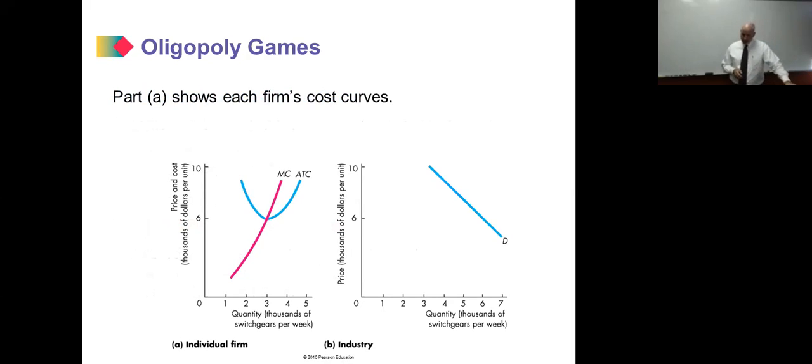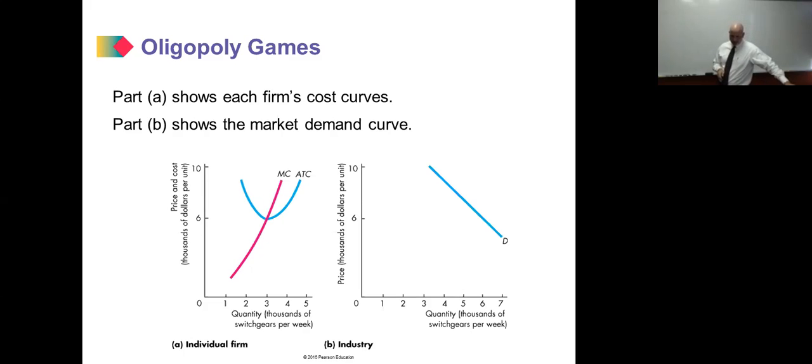Here we're looking at an individual firm in the industry, and we're looking at cost curves. So we've got marginal cost and average total cost. Part B is going to show the market demand curve.